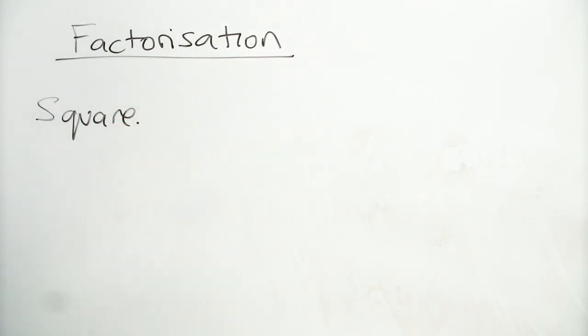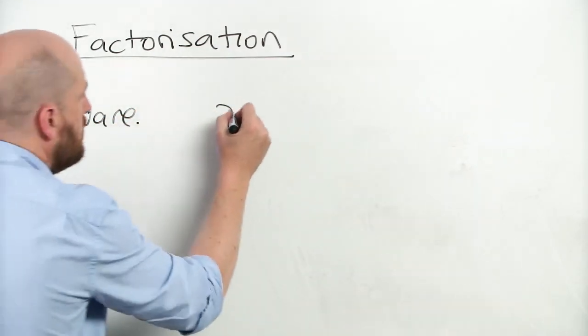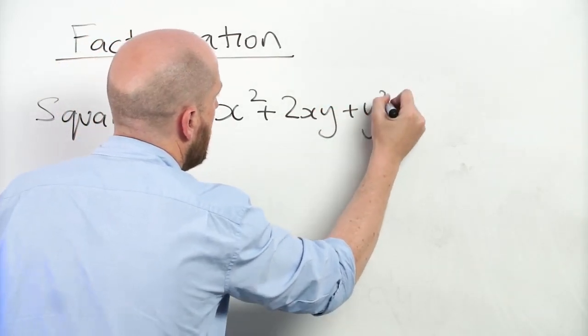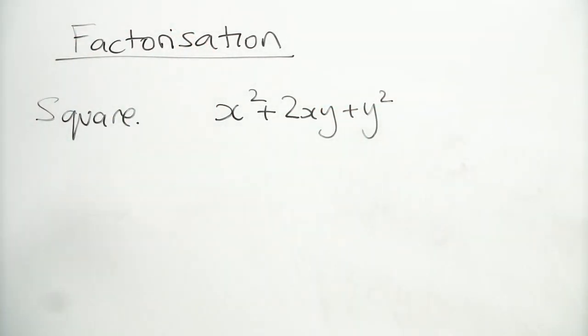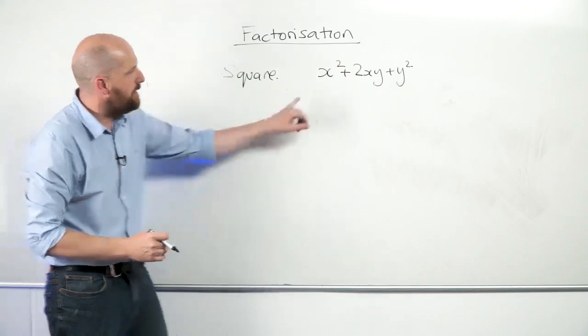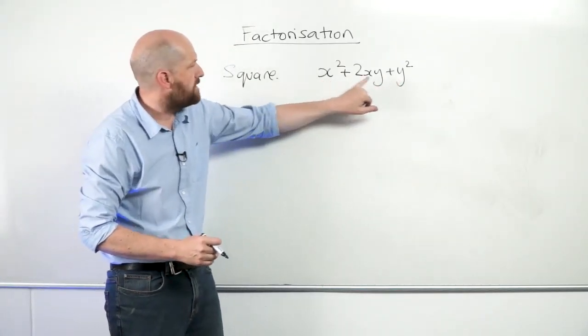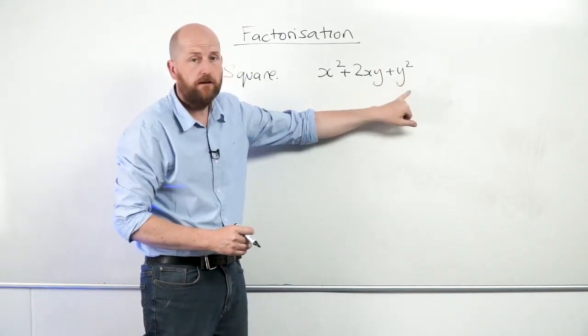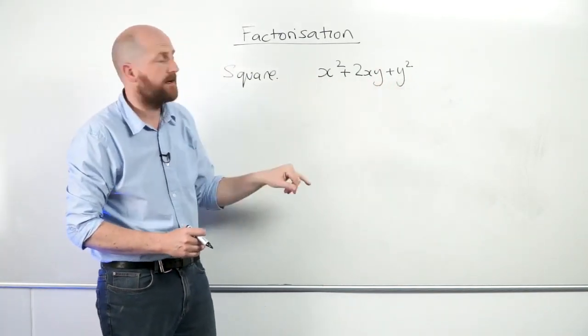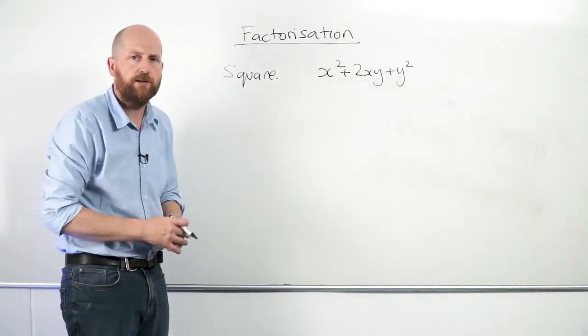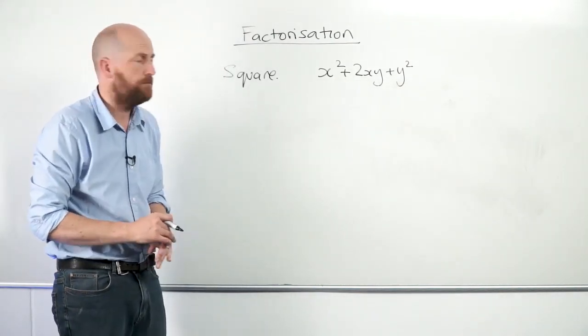One example of spotting a square would be x squared plus 2xy plus y squared. Well, this expression doesn't seem to have a common factor in every term. There's no x as a common factor in all three, and there's no y as a common factor in all three. But there's a trick here to actually making this rather more simple.